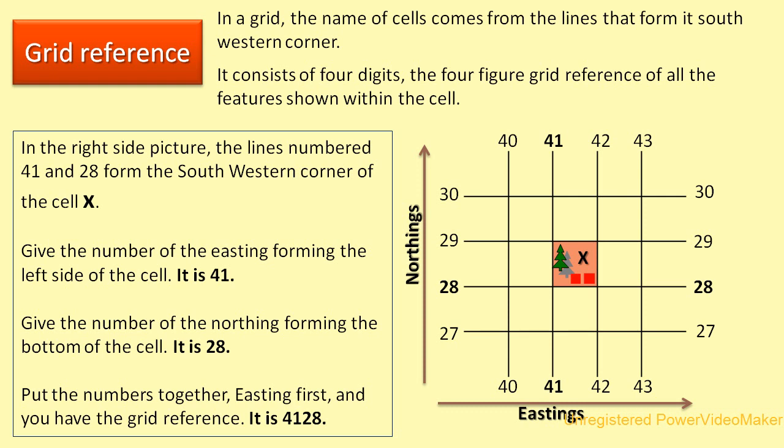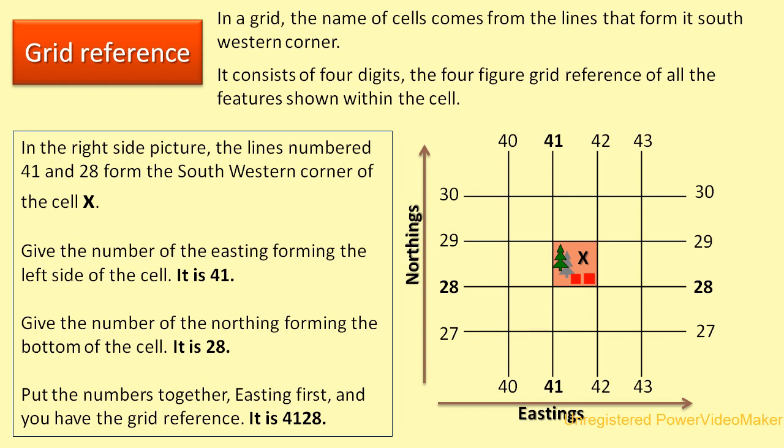Suppose in a map, somebody asks you to find the grid reference of a particular area having one tree and two houses. You can easily find the cell number with the help of the Easting and Northing line numbers. Okay, I think you might understand these things.